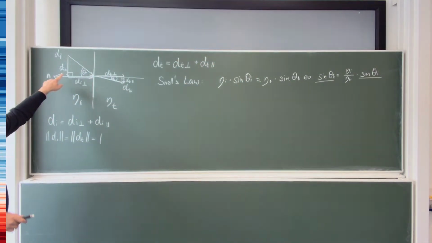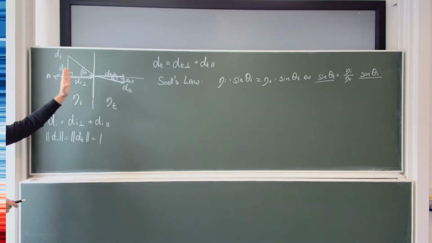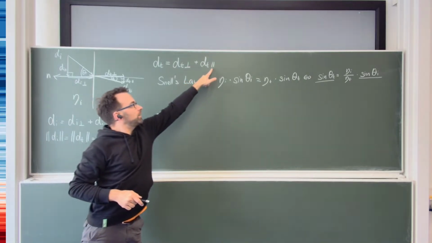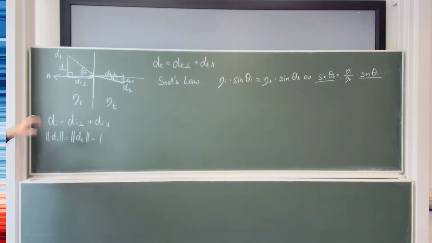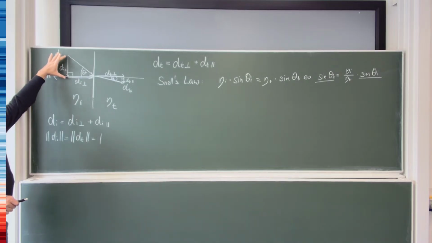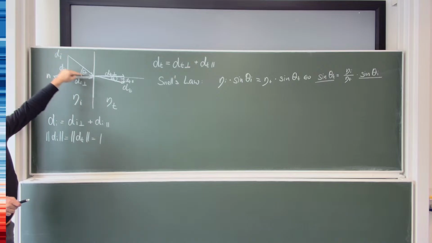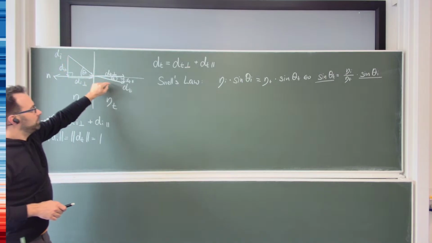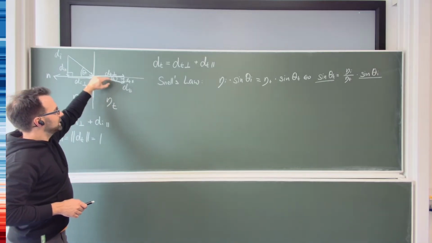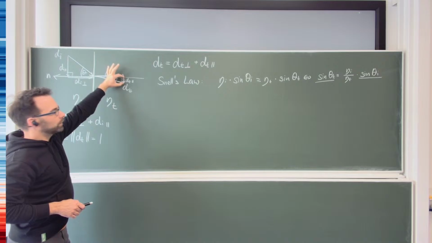The length of di parallel, with the two pipe characters to denote parallel and perpendicular in this case, is the sine of theta i, if this side is 1, and if this side is 1, then the sine of theta t is the length of this side.